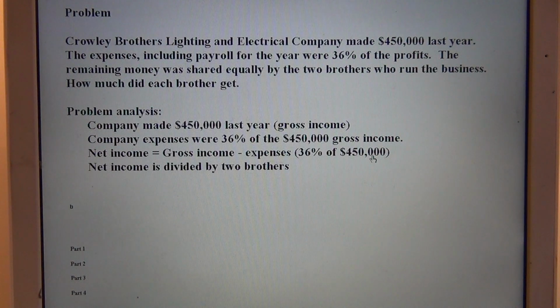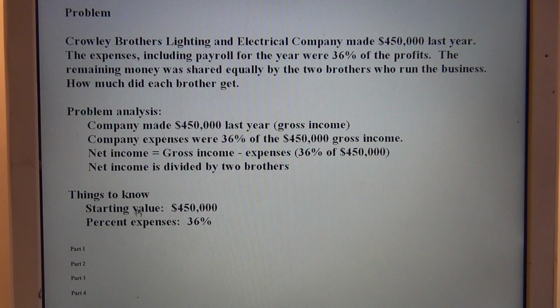We would subtract their expenses from their gross income, from their total income, and then that would tell us how much profit they made. But then that profit was equally divided by two brothers, so we'd have to take their net income and then divide it by 2, and then we would know how much each brother got.